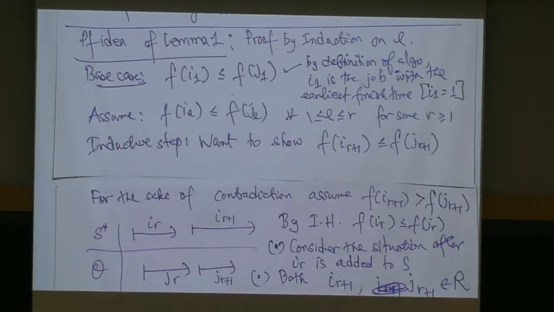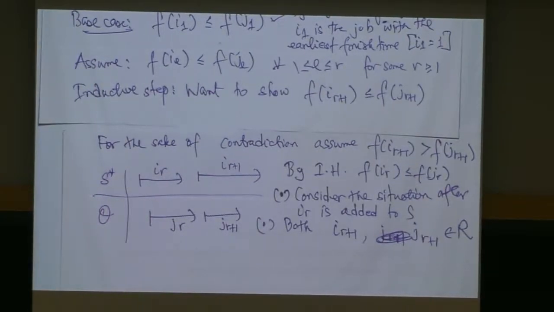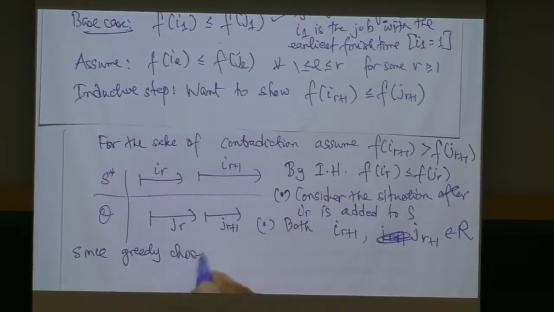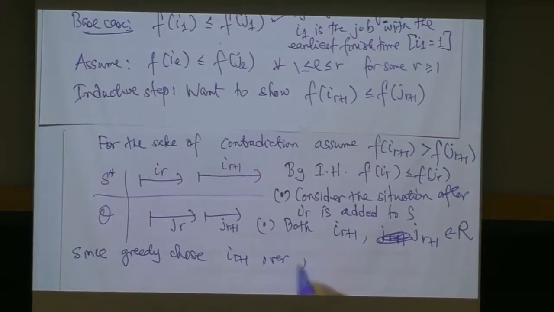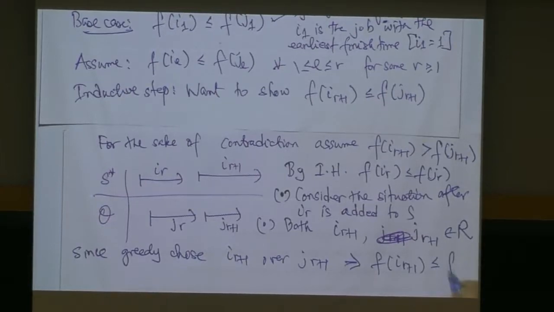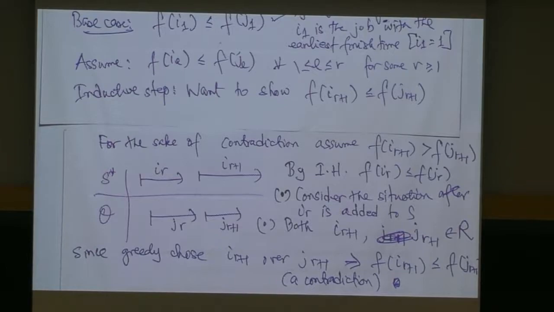And so, since greedy chose i_(R+1) over j_(R+1), this has to imply that the finish time of i_(R+1) is less than or equal to the finish time of j_(R+1), which is a contradiction. And we are done. So this proves the greedy stays ahead lemma, which in turn proves that the number of intervals in the greedy schedule is the maximum possible. In other words, it's an optimal solution.